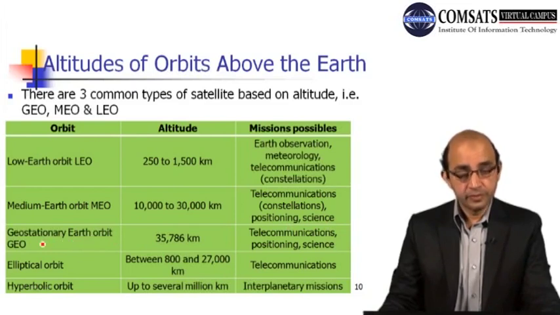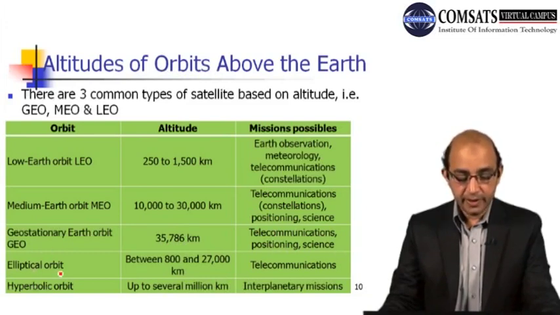Then we have GEO, geostationary Earth orbit, and it can attain an altitude of 35,786 kilometers. So here are the possibilities: telecommunication, positioning, and science.